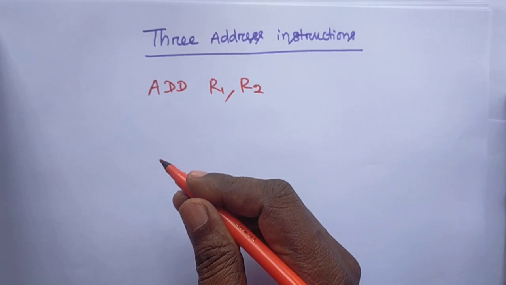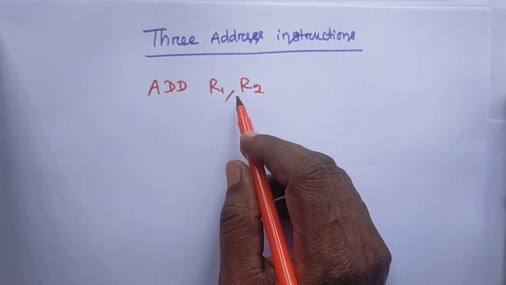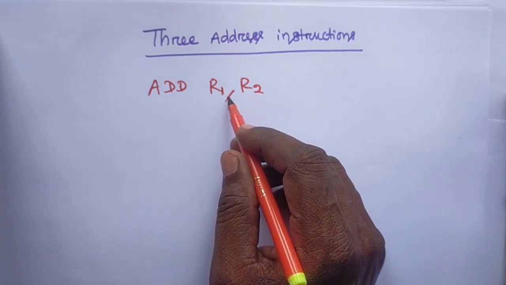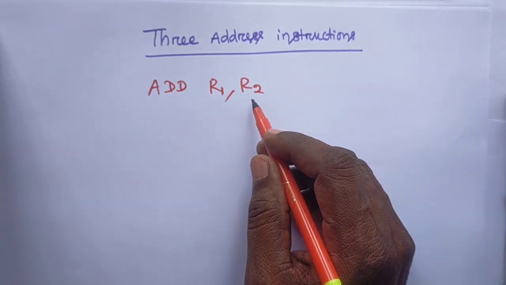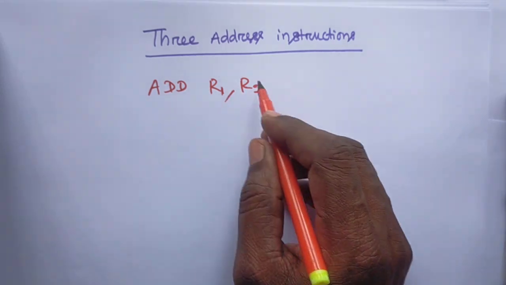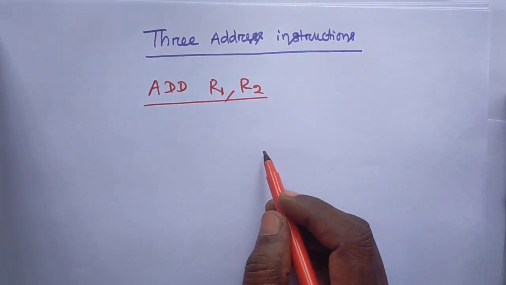That means the addition of two operands, two numbers or two data, contained in R1 and R2. R1 keeps one data, R2 keeps another data. The sum of the contents of R1 and R2 is stored in R1 or R2. This is the basic concept whenever you go through add R1, R2.